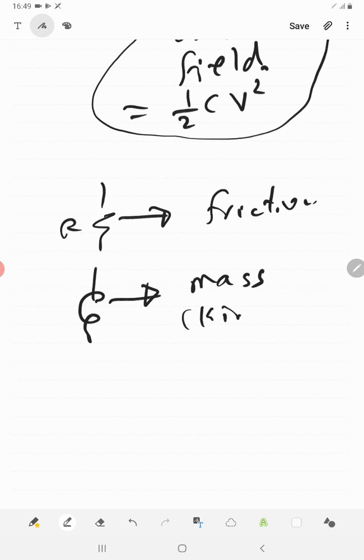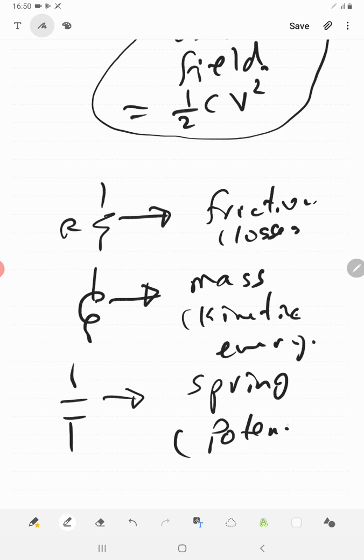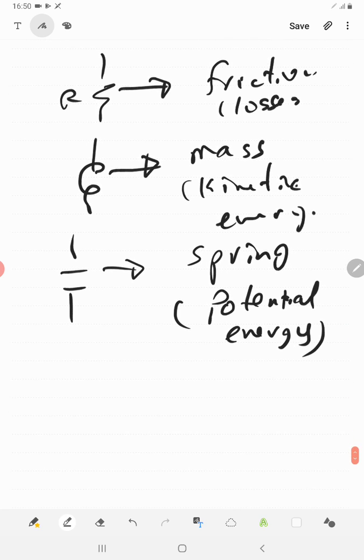Friction causes losses. A capacitor acts like a spring, and a spring stores potential energy. We'll talk about this more when we go to AC circuits.